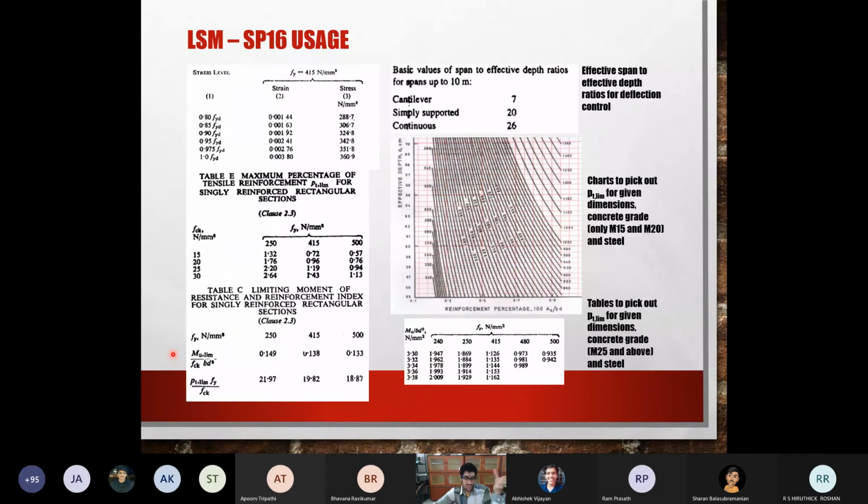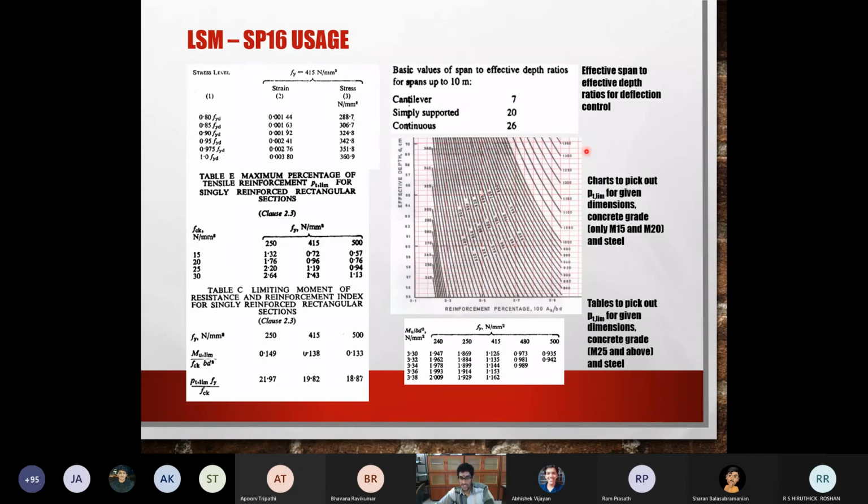Instead of xu, you can replace that equation for xu, 0.87 fy Ast by 0.36 fck b. If you make that replacement, you'll get an equation in terms of some constant. So that is how you get this. And for the purpose of actually determining the depth and breadth of the beam, this will be used.